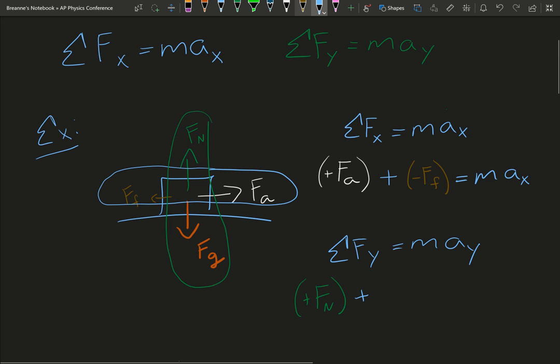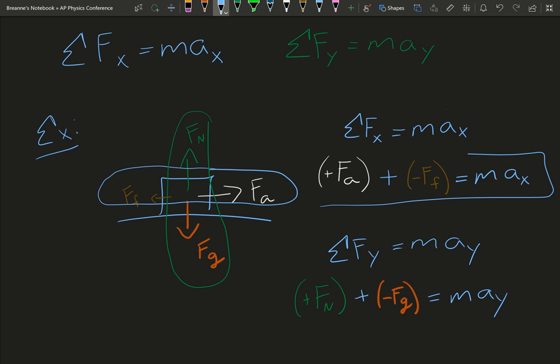Plus our forces that are pointing down, which would be force of gravity, which is a negative direction. And that just equals our mass times our acceleration. So this would be the equation we use to solve for anything in the x direction, and this would be the equation we use for anything in the y direction.